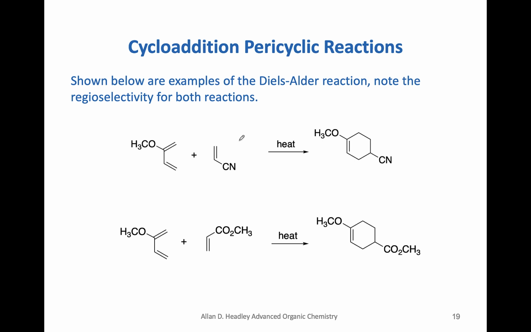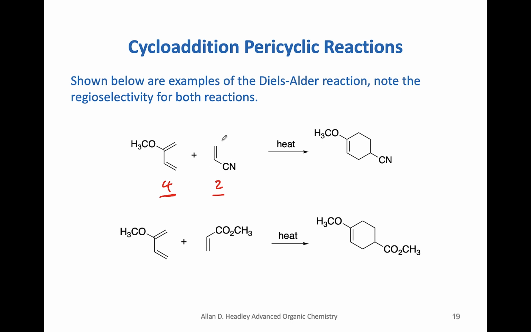If you are asked to predict the major product for these reactions, let's look at this. Again, this is the 4 and the 2, or this is the diene and the dienophile. Just to refresh your memory, the diene is electron loving, and the dienophile means that it loves electrons.